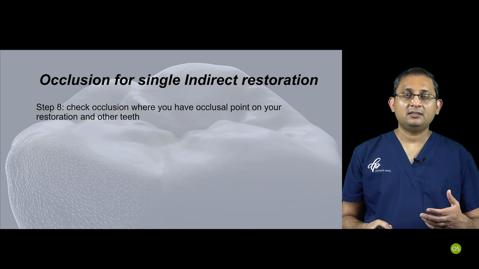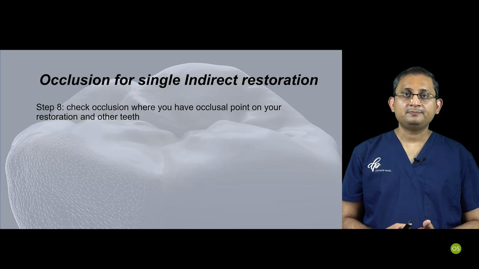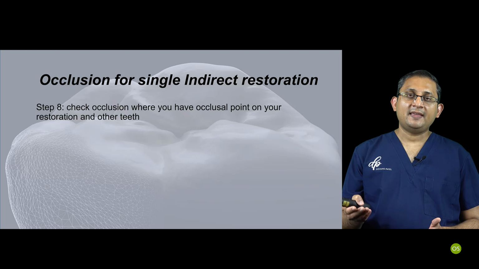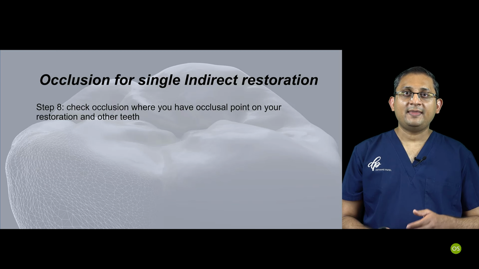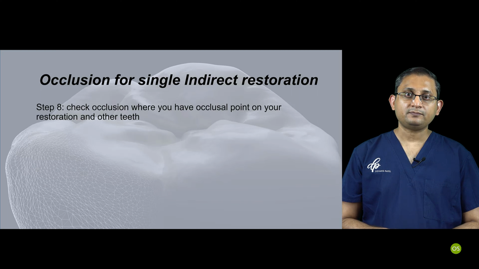So you can check the static contact using black articulating paper and the guidance using red articulating paper, and then you just remove the red marks which are not overlapping the black, and that will give you a tooth which is in contact in MIP but not contacting during guidance.